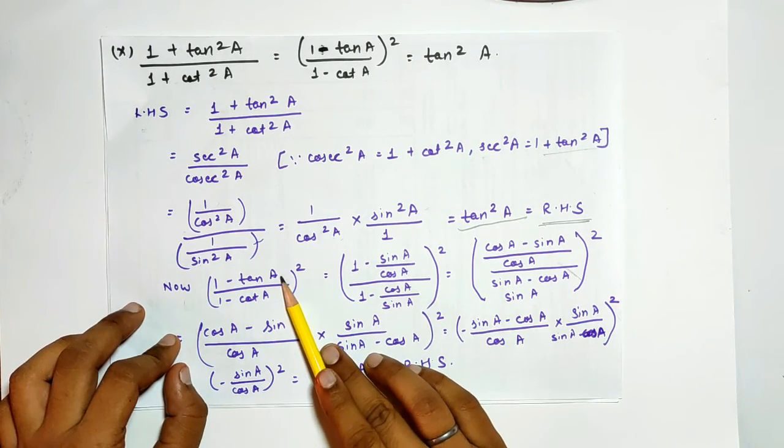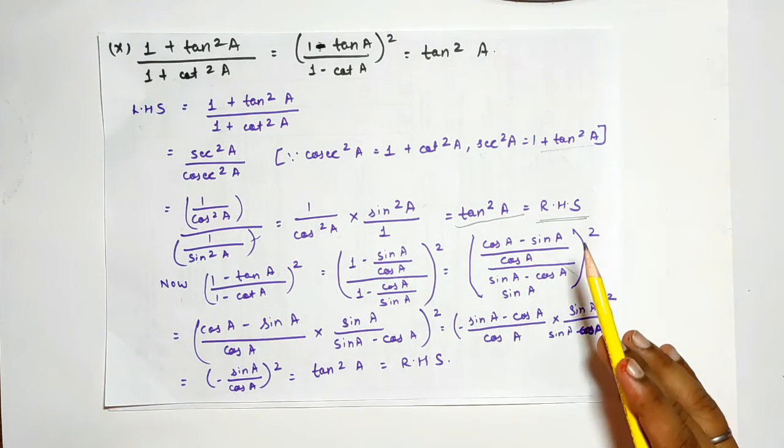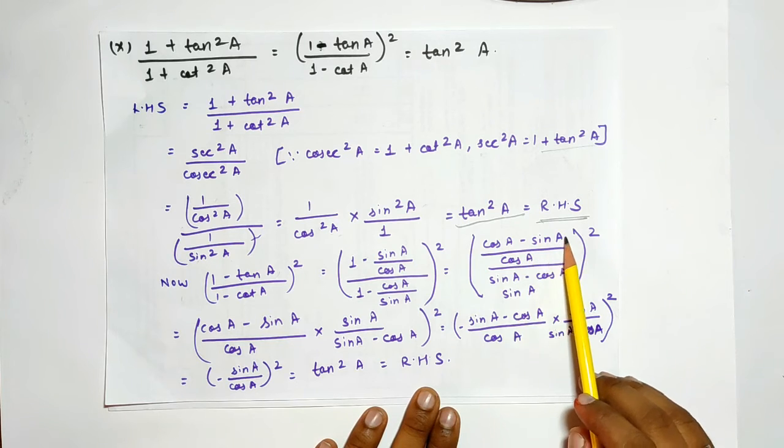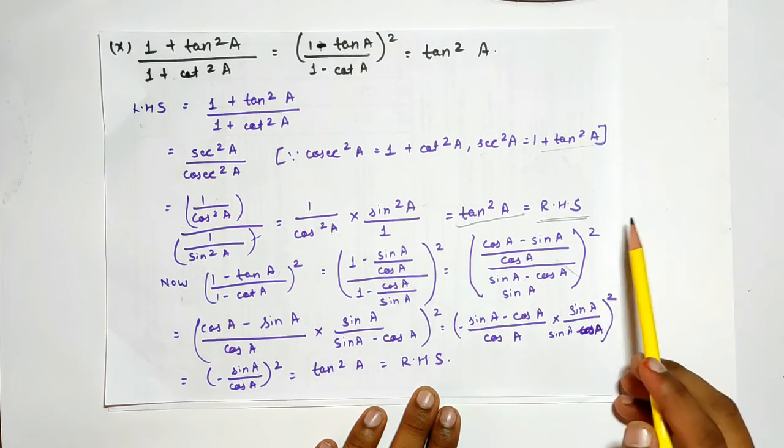Now ((1 minus tan A) upon (1 minus cot A)) square is equal to ((cos A minus sin A) upon cos A) upon ((sin A minus cos A) upon sin A), whole square.